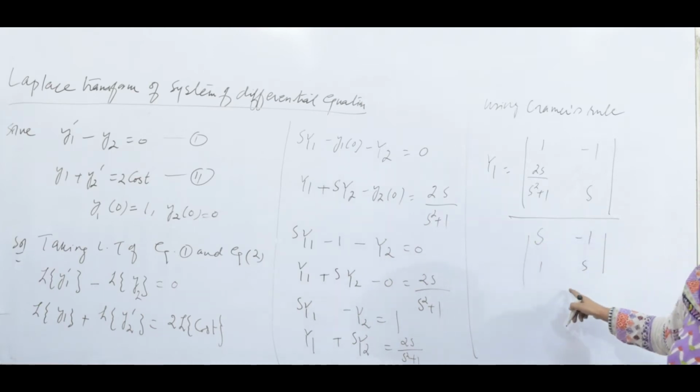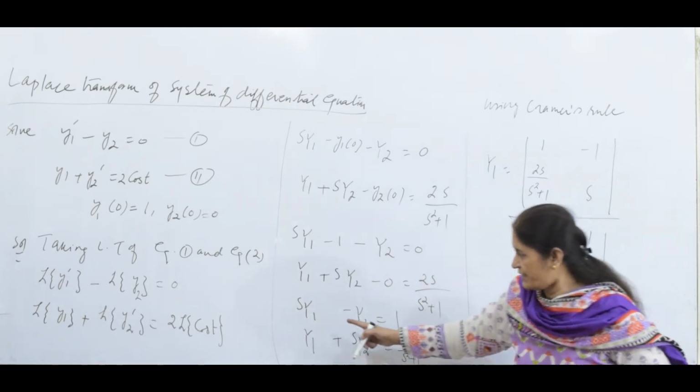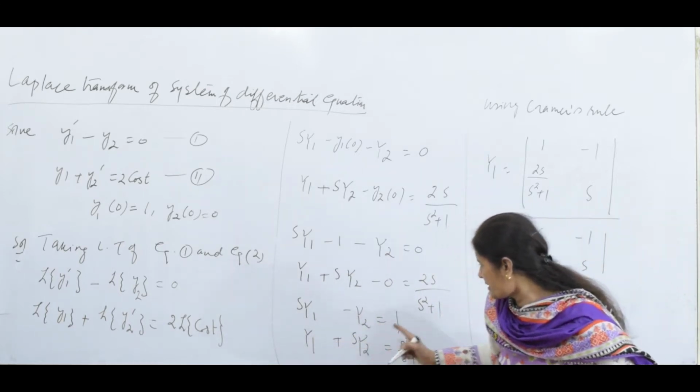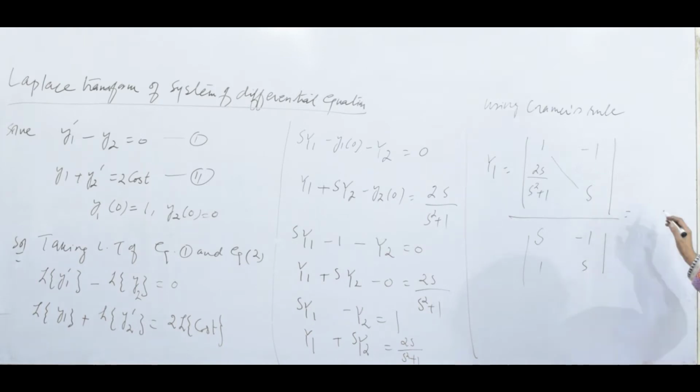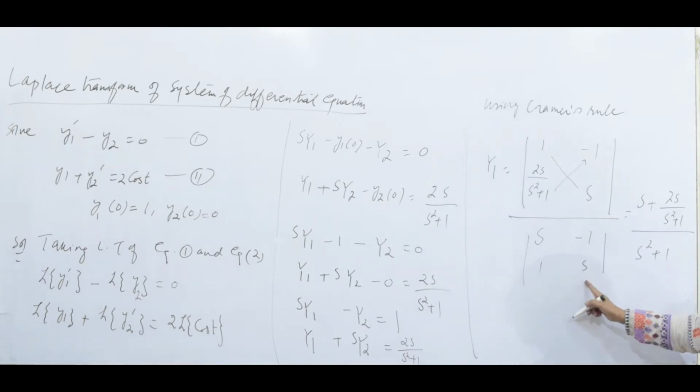Look at the coefficient matrix: when I am finding Y1, the coefficient of Y1 is replaced with the right hand side. Then multiply with the negative sign, minus minus plus 2s over s square plus 1, divided by s square plus 1.